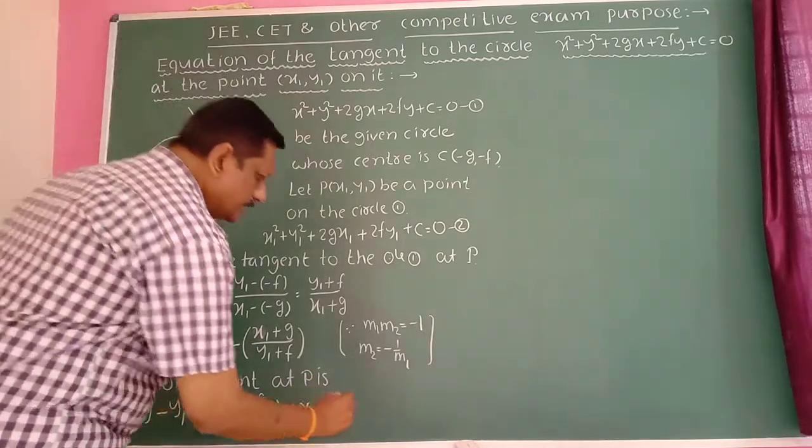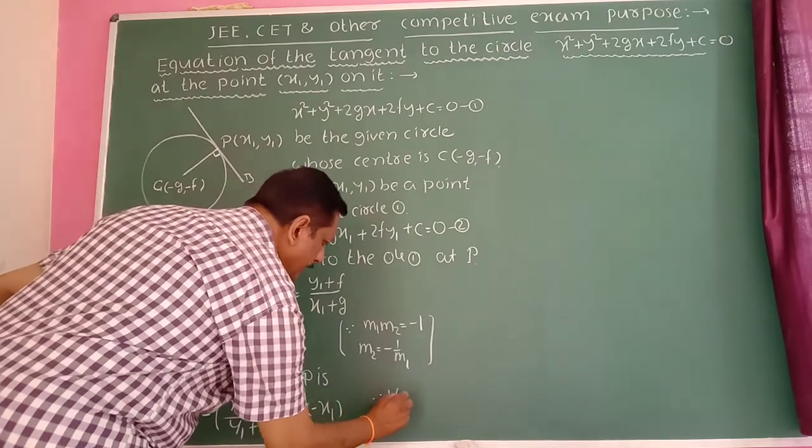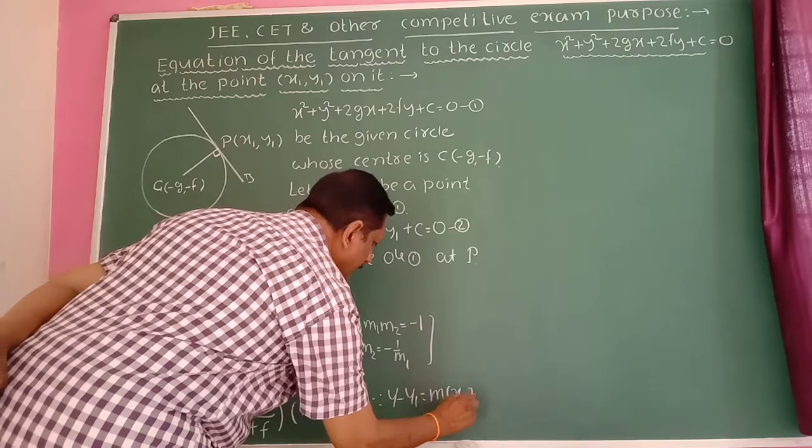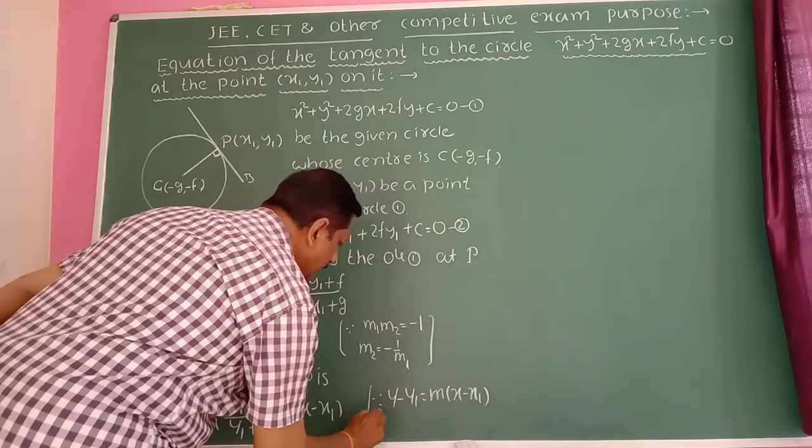Okay, you are using this formula: y minus y1 is equal to m into bracket x minus x1. This is the formula.